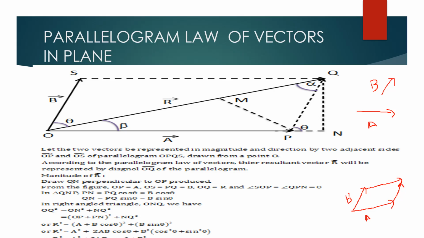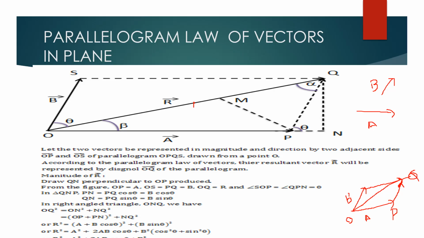Let us say as given here, it is OP. I'll also write it like that. So this is O, this is P. Similarly, write it as Q. So how is the vector moving now? From O to Q. So that is the resultant vector. So that's what is given here.